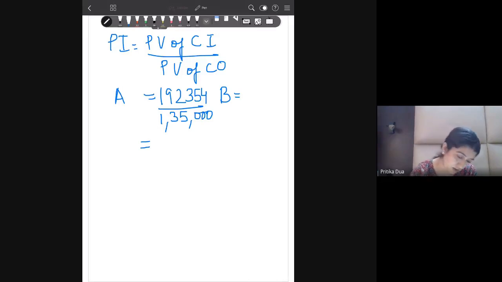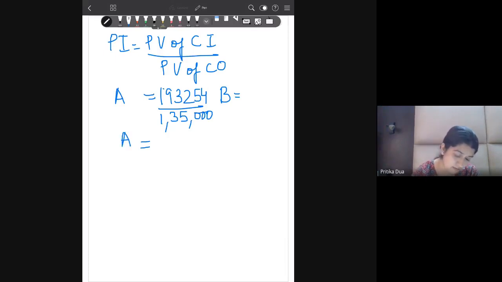This is 19. 119. 11 lakh. Okay, I've made the correction Pratham there. Give me the value of PI.